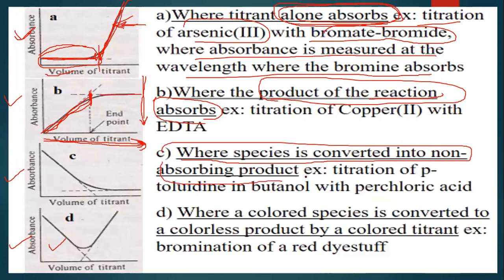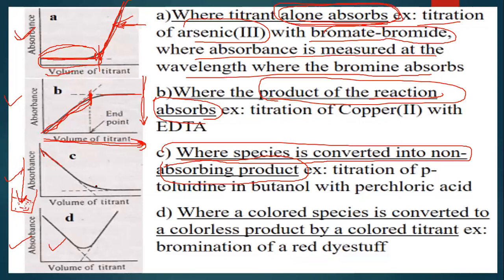At the start, the substance taken in the conical flask or beaker absorbs light. Its concentration is high initially, so the absorbance is high. But slowly, as the reaction proceeds, its concentration decreases because you are adding something from the burette and the reaction is going on.